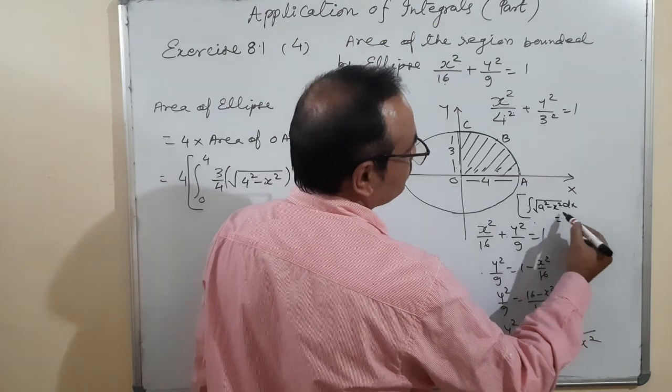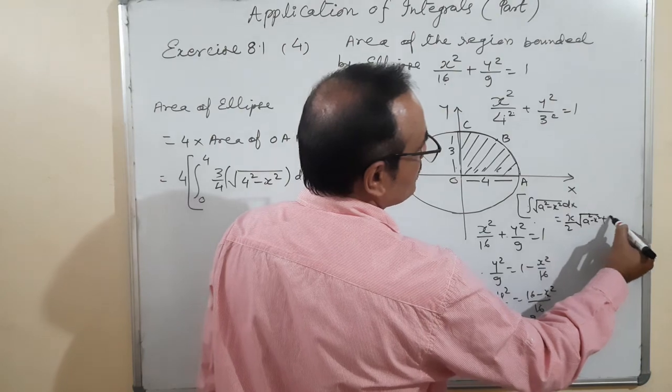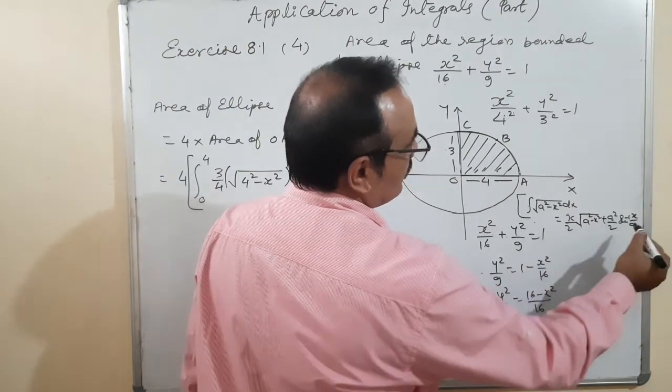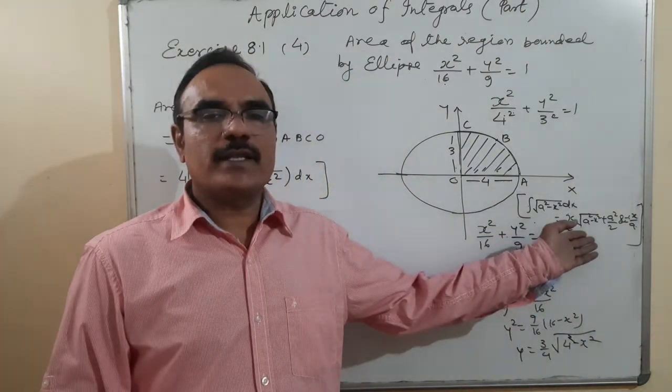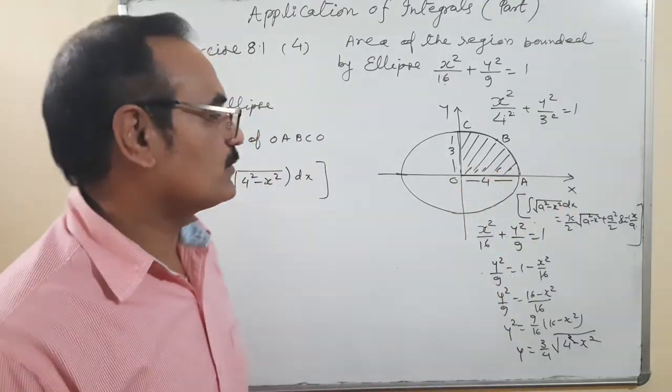What is it? x upon 2 under root a square minus x square plus a square upon 2 sine inverse x upon a. Okay. This will be used when the equation of circle, parabola or hyperbola is given, we'll have to use this formula. Okay.